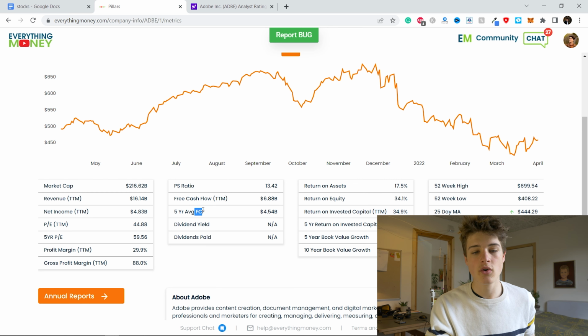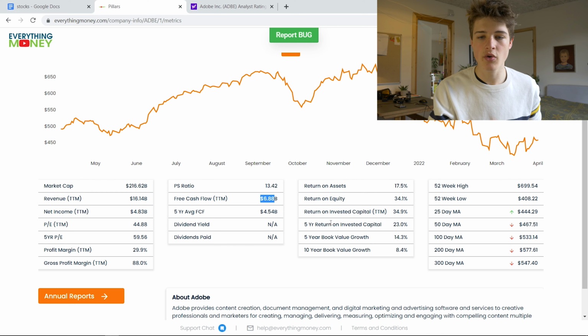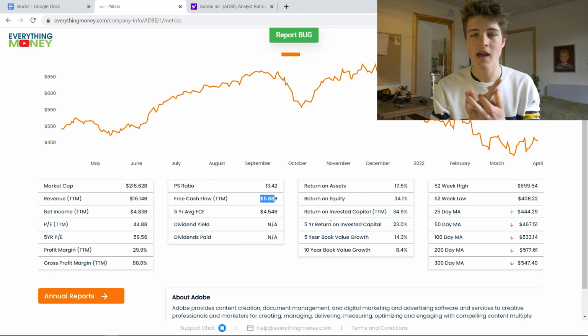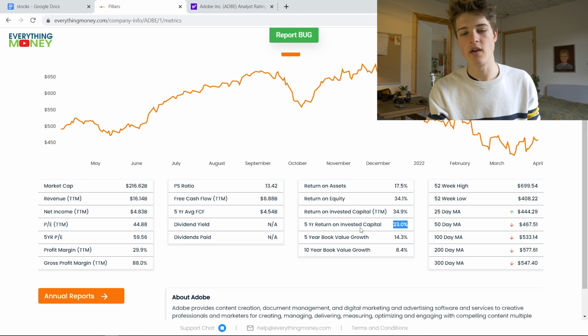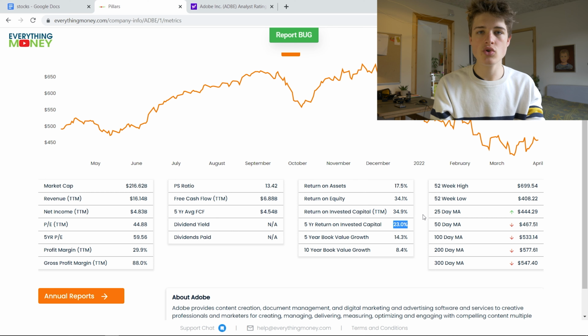One thing that we have to look at here with Adobe is definitely the returns that they generate, both on their equity, their assets, and their invested capital. You can see here the 5-year return on invested capital is really high for Adobe. It is 23, and we normally want that to be greater than 9. This is the metric that investors use to determine how good a company is at generating returns on the money invested in the business.